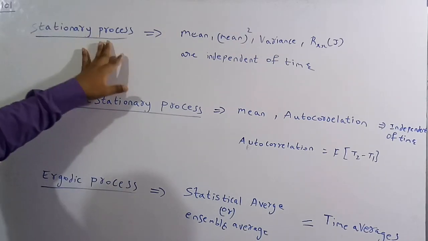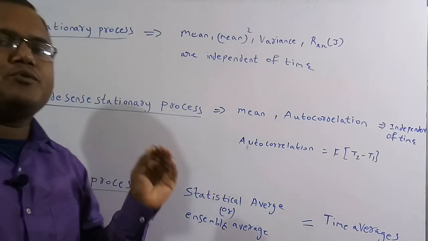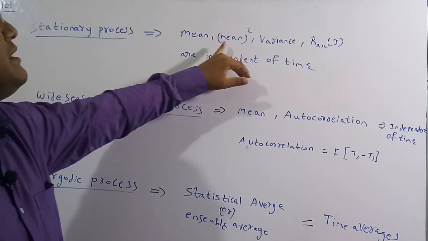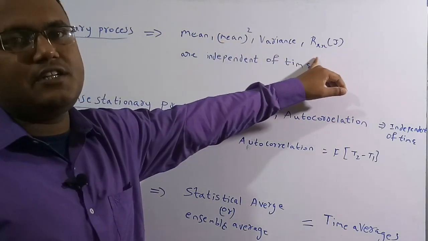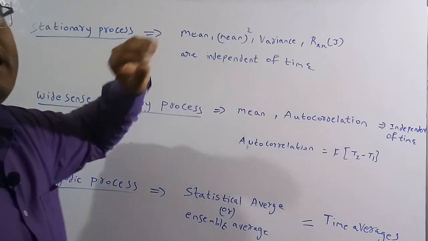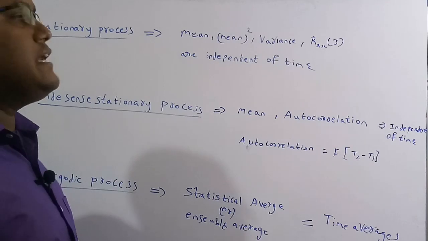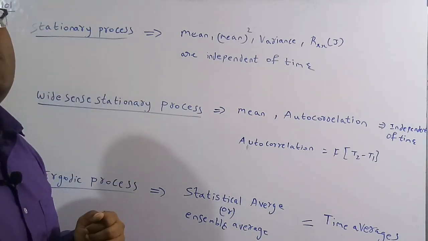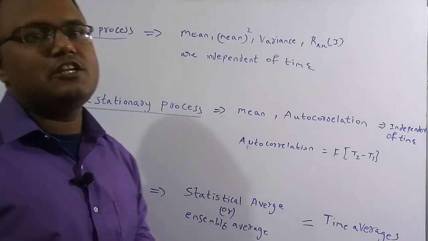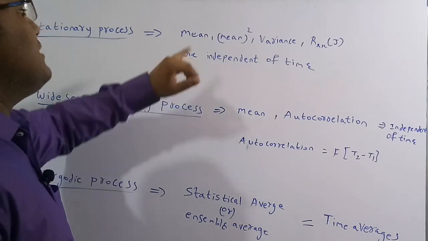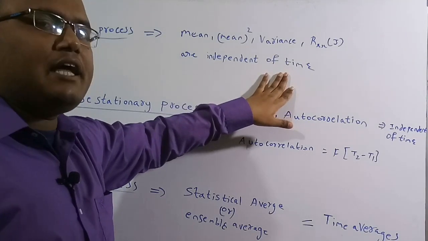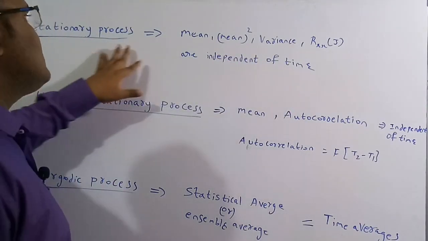A random process is said to be a stationary process if all the statistical values like mean square, variance and autocorrelation are independent of time. Then that random process is said to be a stationary process.